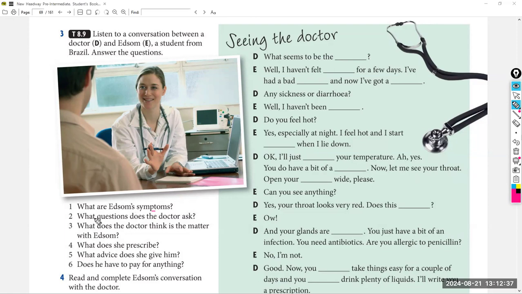Okay, now question number 2 is saying, what questions does the doctor ask? Okay, now question number 3 is saying, what does the doctor think is the matter with Itsum?